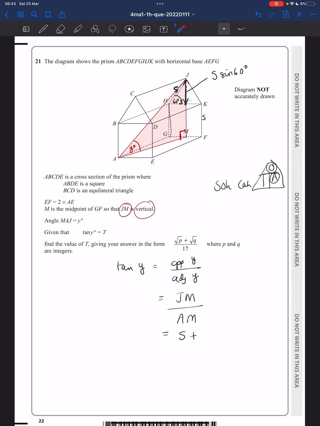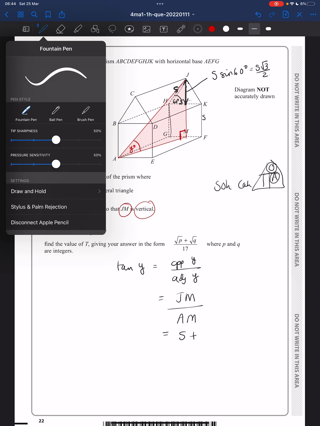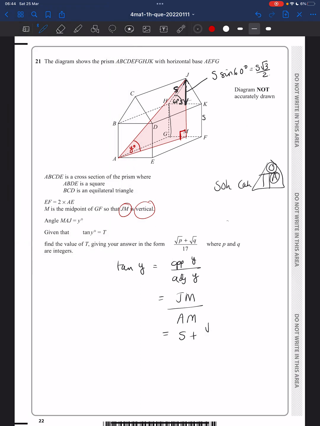This is a right angled triangle, this is opposite, so it's sine of 60 degrees, and that's one of the ones that you need to remember, sine of 60 degrees is root 3 over 2. So on the top there we've got S plus root 3S over 2. That's JM.